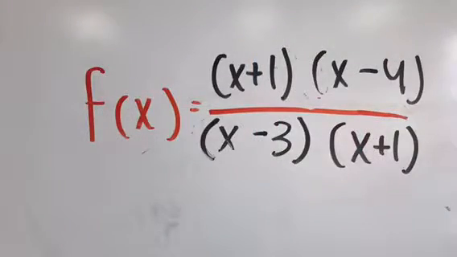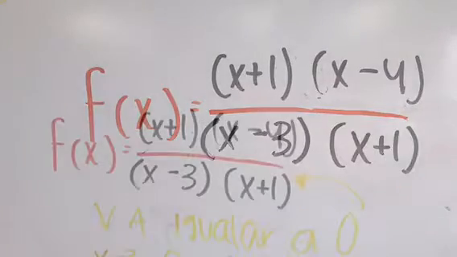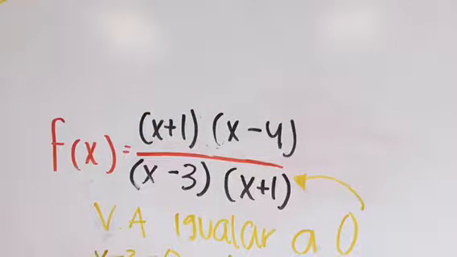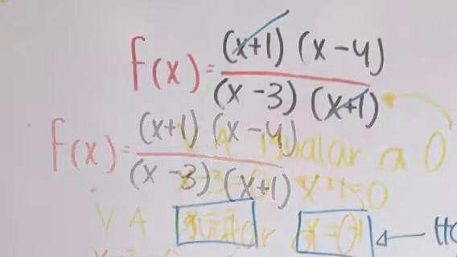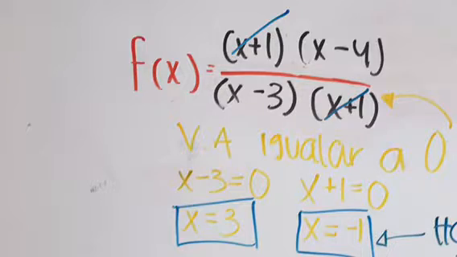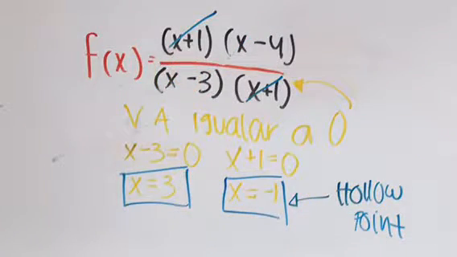The hollow point. The hollow point appears in this kind of case when you have the same value at the top and bottom. In this case, it's x plus 1, but you are going to look for the vertical asymptotes as you usually do. In this case, the results will be x equals 3 and x equals 1. But in the case of x equals 1, instead of being a vertical asymptote, it will be a hollow point. Why?